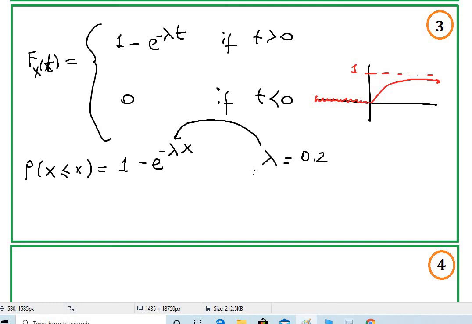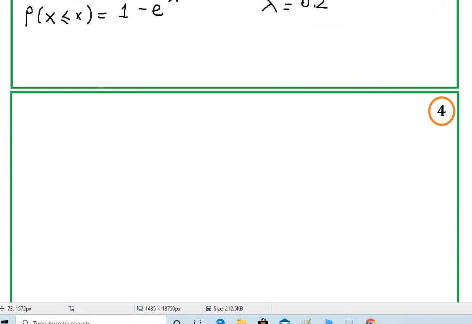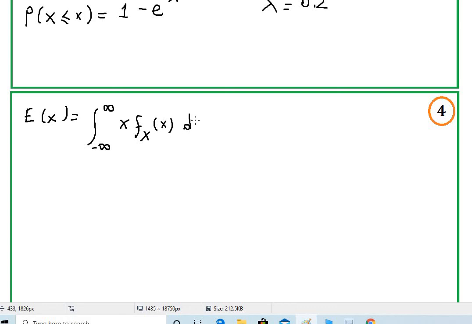Now let's derive the expectation. The expectation of any continuous random variable by definition is the integral from negative infinity to positive infinity of x times the density function, little f_X of x dx.